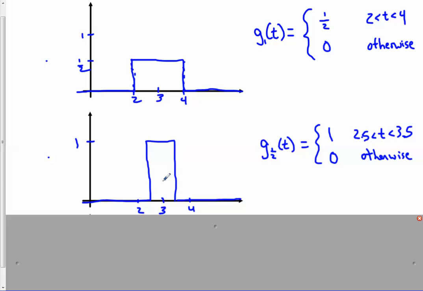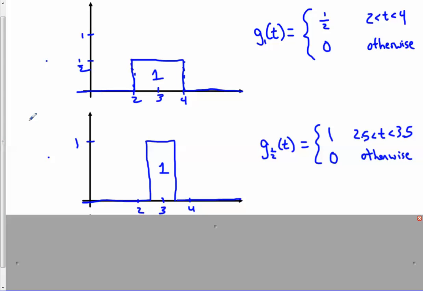The strength of an impulse, of a force applied over a period of time, depends on both. It's the strength times the length of time that it lasts. In particular, it's the area. Both of these have an area of 1.